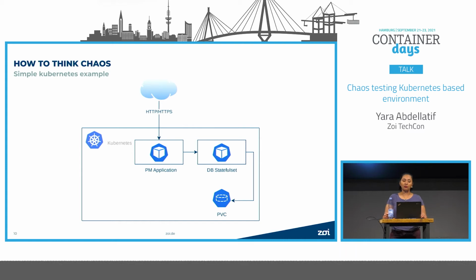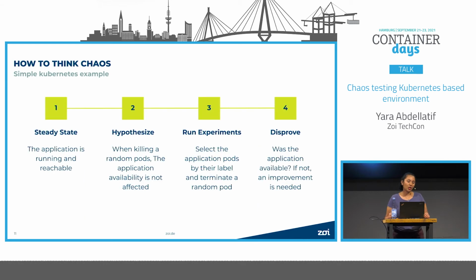It consists of a deployment that runs a pod, and this deployment uses a database in the background, which also uses a persistent volume claim. The application is available over an HTTPS connection. So the steady state of my application is that it's running and reachable for its users.